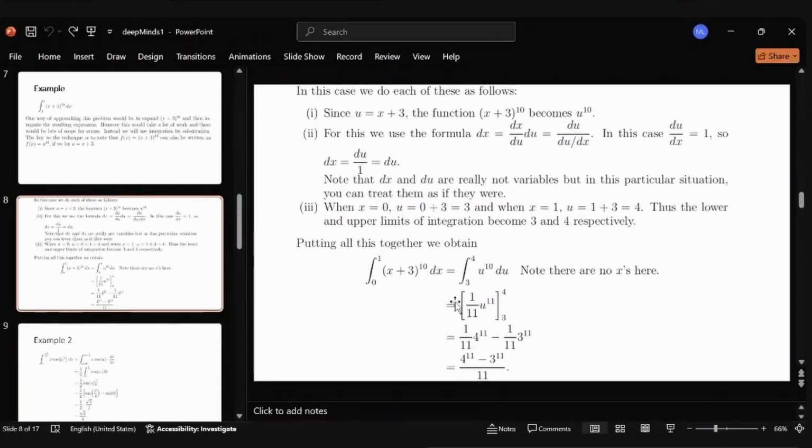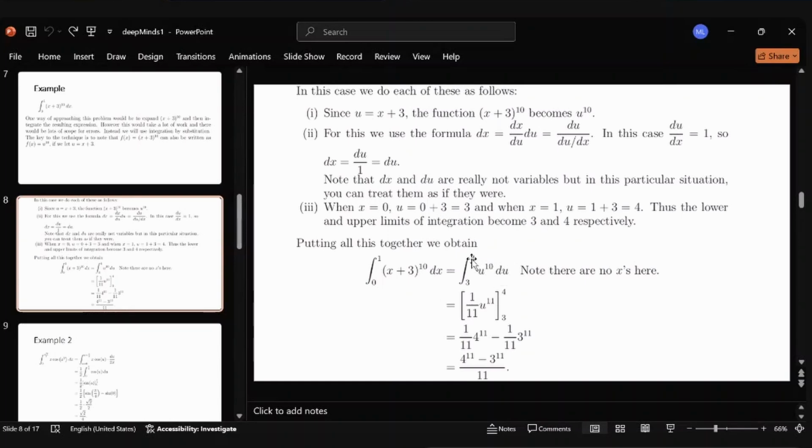I think we are familiar with some of these steps. When you substitute x plus 3 with u, this is the expression that we get.